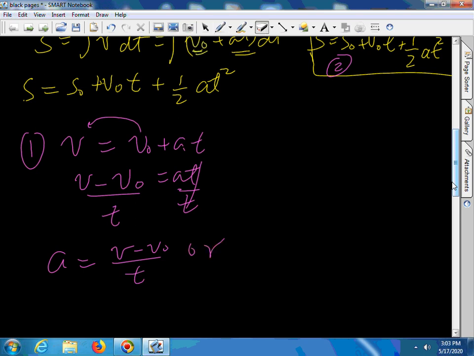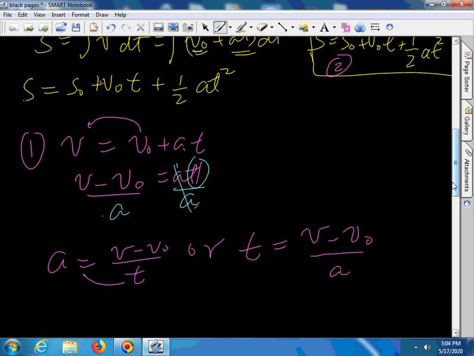Or, if instead of dividing both sides by t, we divide by a, then I will have what t equals. T is equal to v minus v0 over a. Basically, you can always interchange the locations of those two.